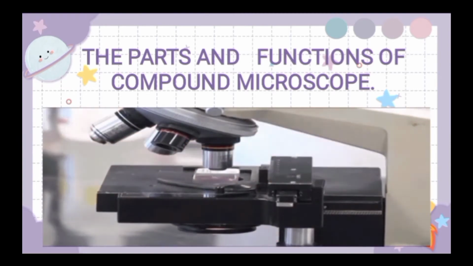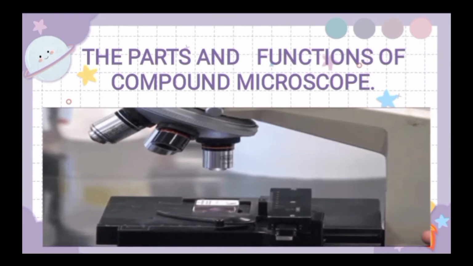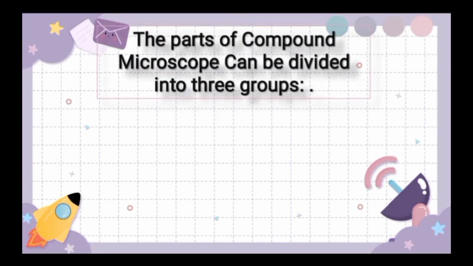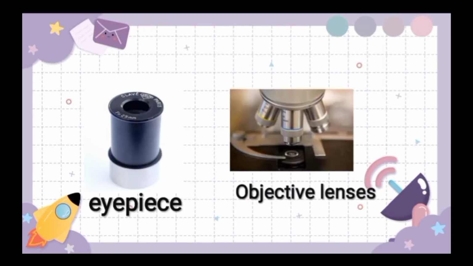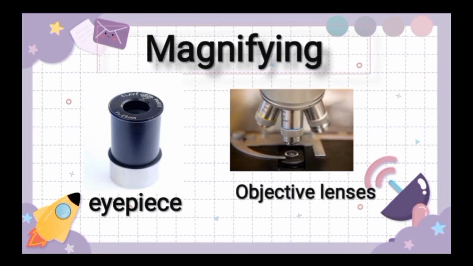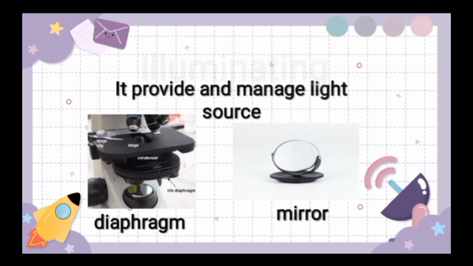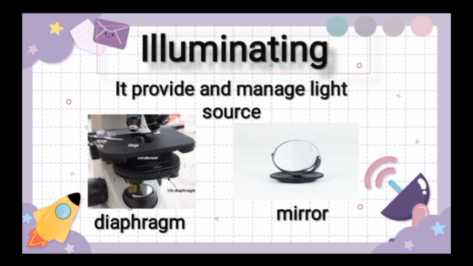Now let's talk about the different parts and function of compound microscope. The parts of compound microscope can be divided into three groups: the magnifying, the illuminating, and the mechanical parts. Magnifying parts of the microscope include the objective lenses and the eyepiece. The illuminating parts provide and manage light source in order to see clearly the image of the object.